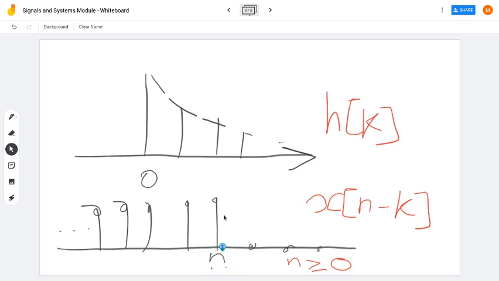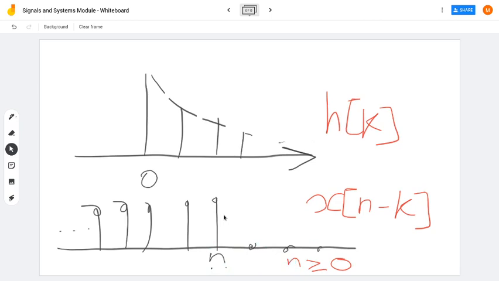Now if we multiply h of k and x of n minus k, we will get non-zero values. So for all the samples before n equals 0, before the time equals 0, all these samples will be multiplied by 0, and so it will be 0. And all the samples for k larger than n will also be multiplied by 0, hence it will be 0.